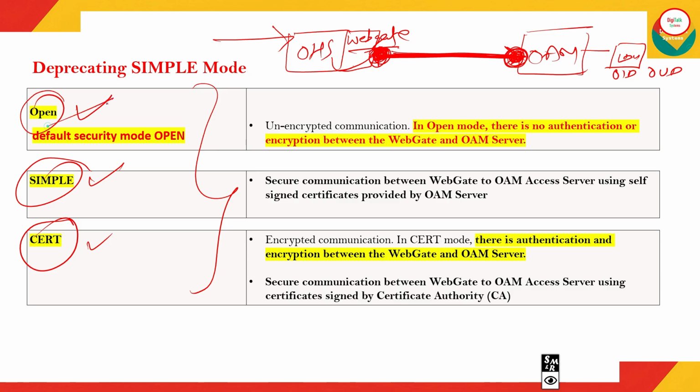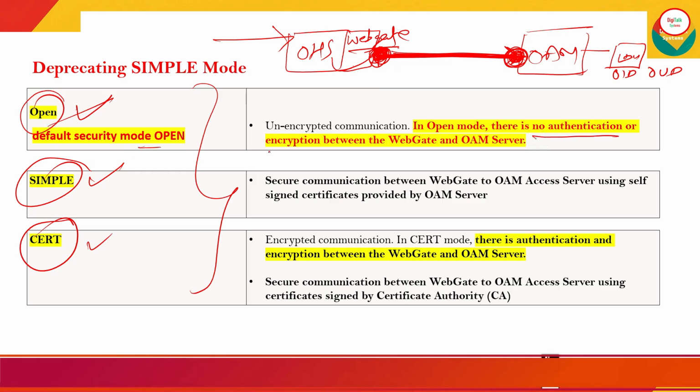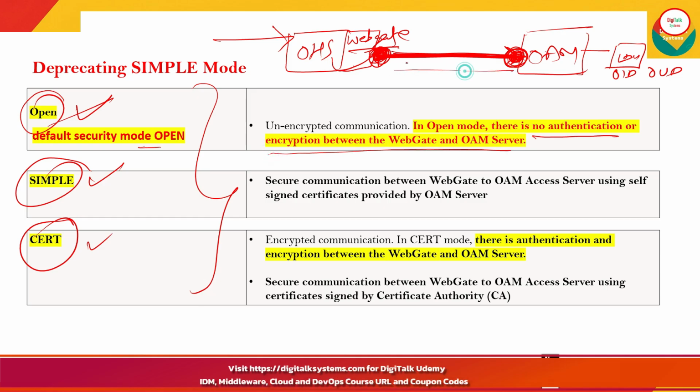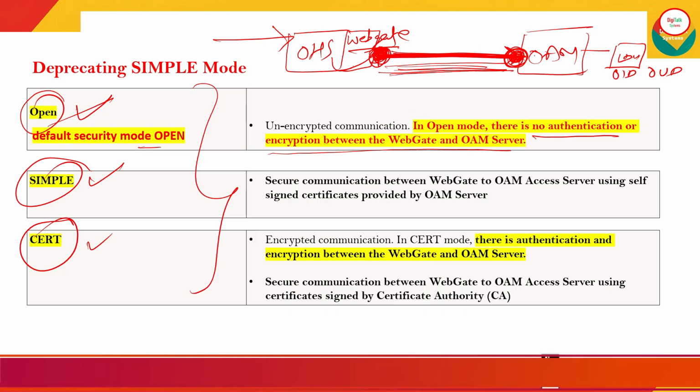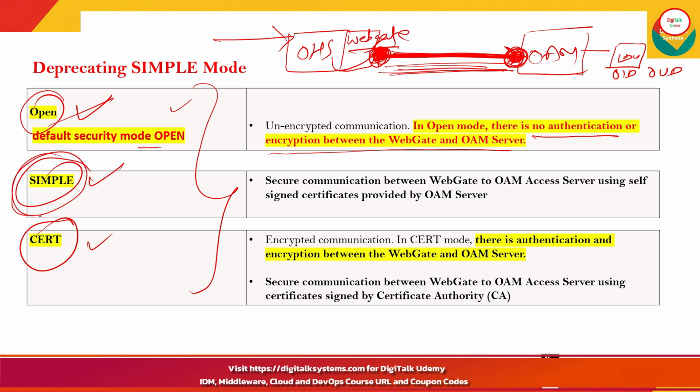When we say open, which is the default mode, there is no authentication or encryption between the WebGate and OAM. That means the communication is plain, the data is not encrypted, and there is no authentication between WebGate and OAM. Now, simple mode is the one that is now deprecated.